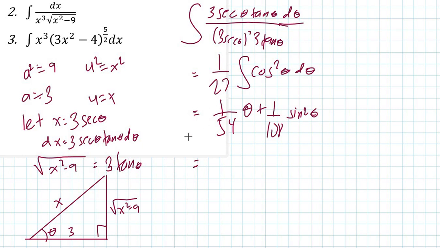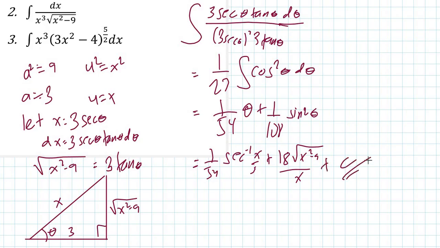Finally, the final answer would be 1 over 54 arc secant of x over 3 plus 18 square root of x squared minus 9 over x plus c. So, those are cases 2 and 3 of trigonometric substitution.